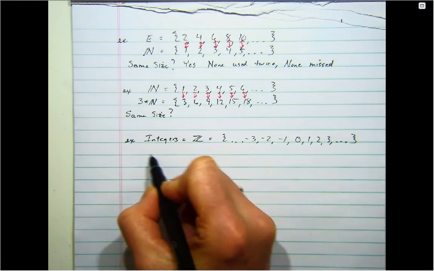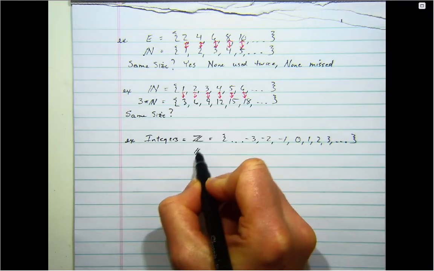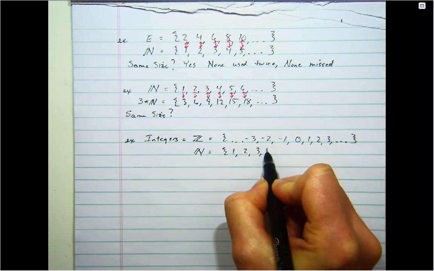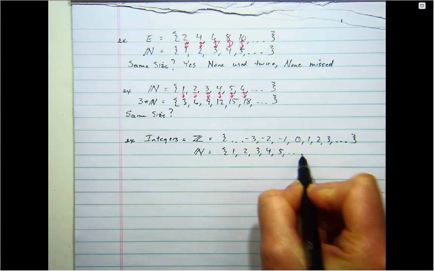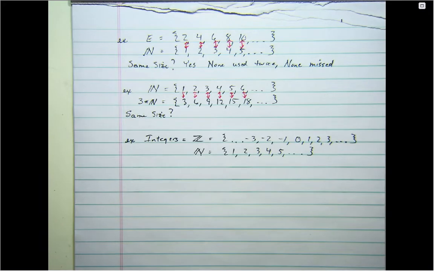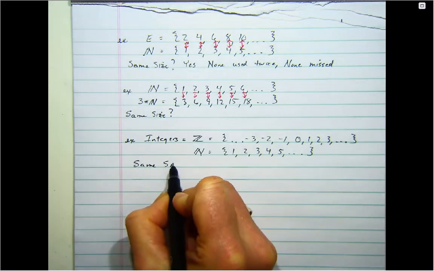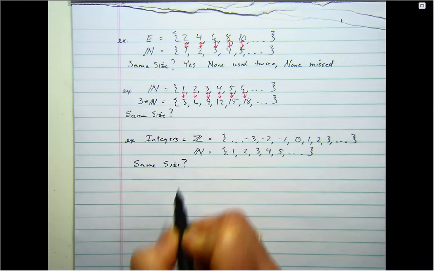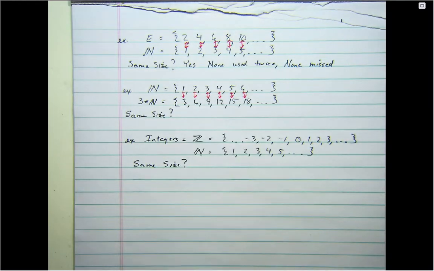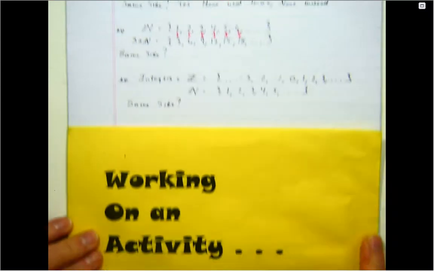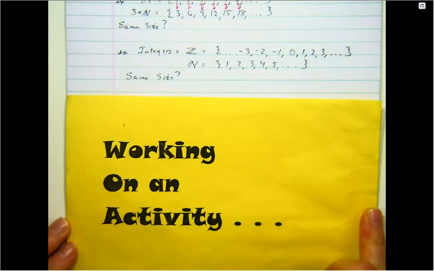So let's compare that with N and see if they are the same size or not. This is harder, so I'll ask you to work in a group, okay? And put your minds together and see what you can work out here.